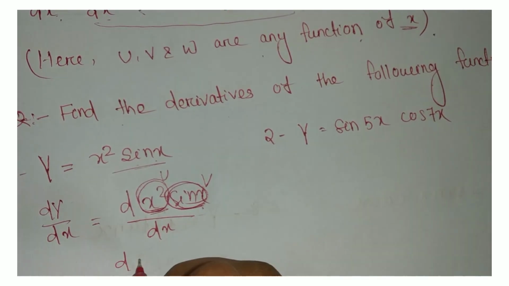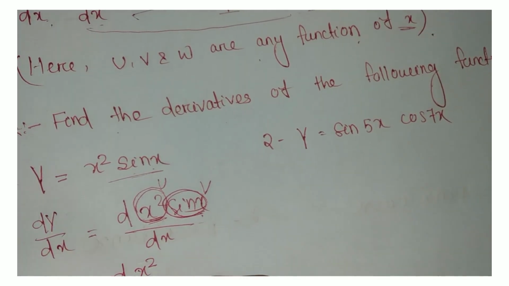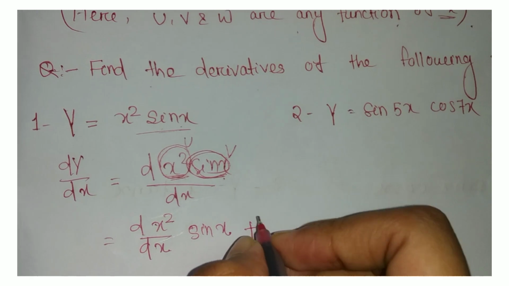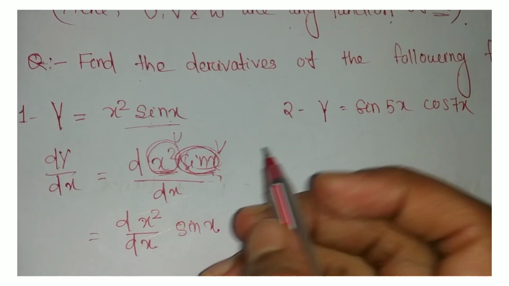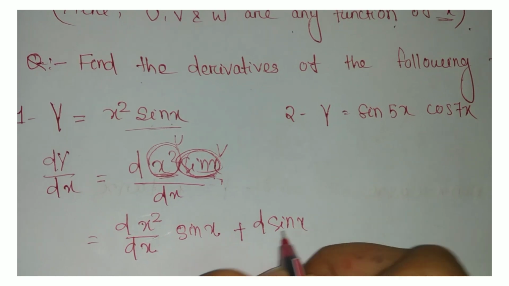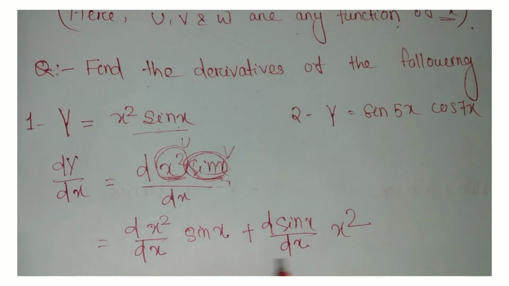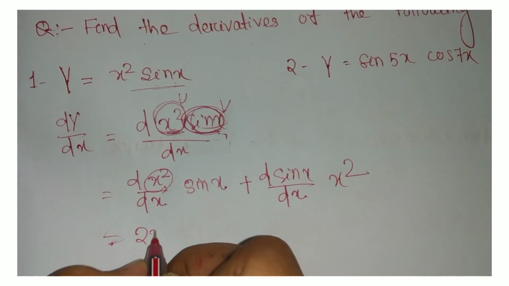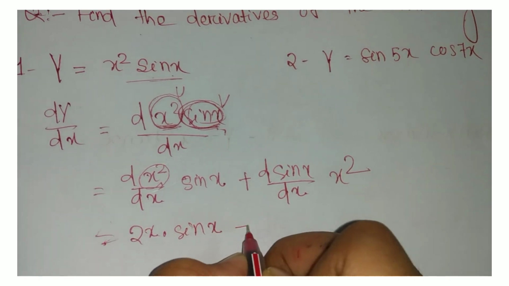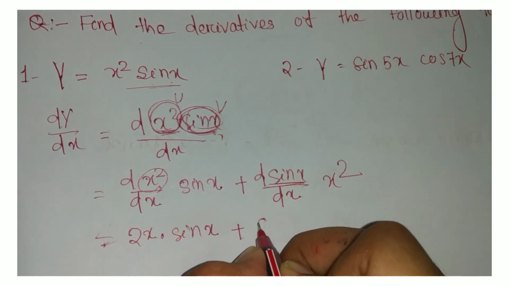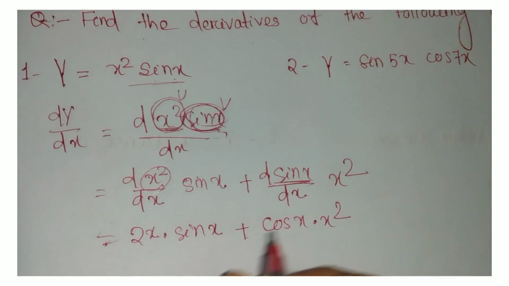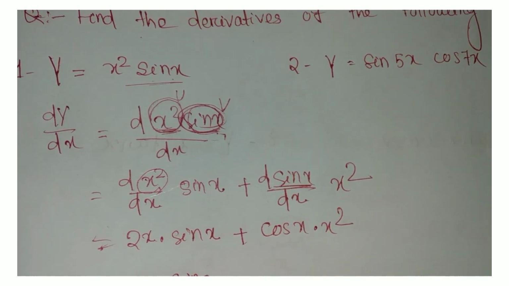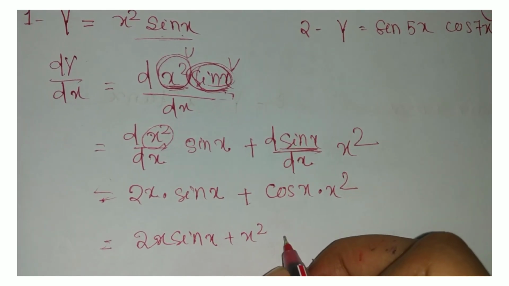So the derivative of x square into sin x, plus the derivative of sin x into x square. The derivative of x square is 2x into sin x, plus the derivative of sin x, which is cos x, into x square. It is 2x sin x plus x square cos x.